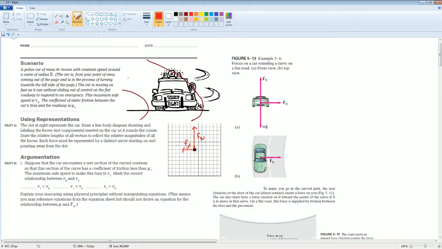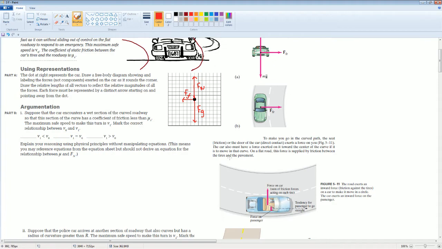So if this is 6, this is also going to be 6. The normal force and the force of gravity have to be the same here. Good. The next part is exactly like your notes, but this time it's making a left.